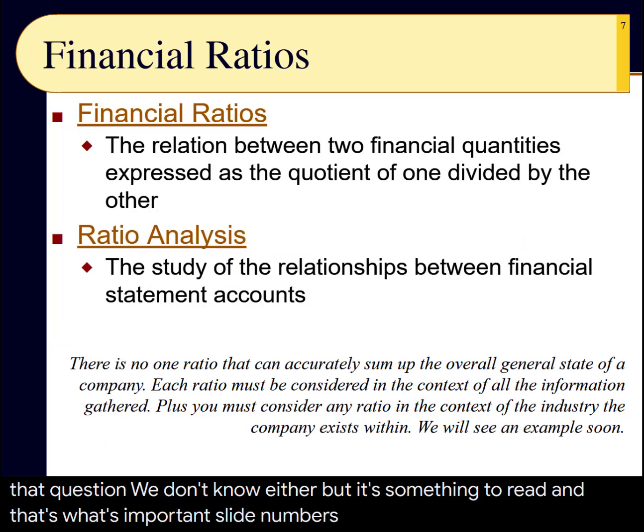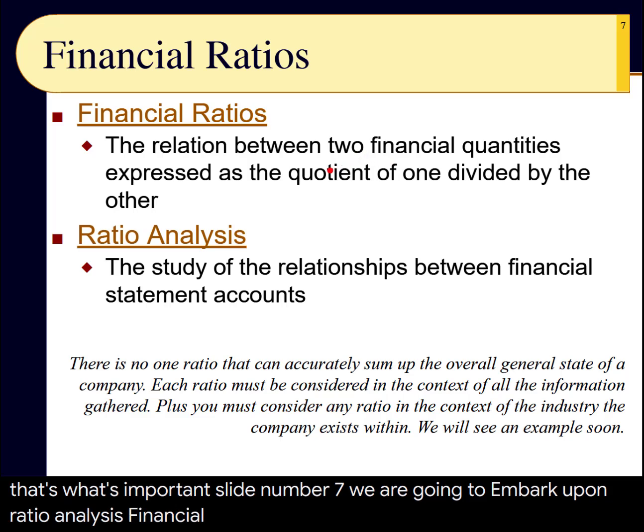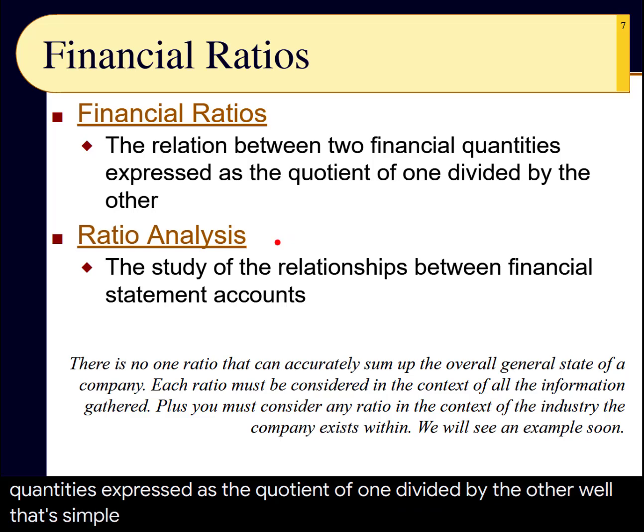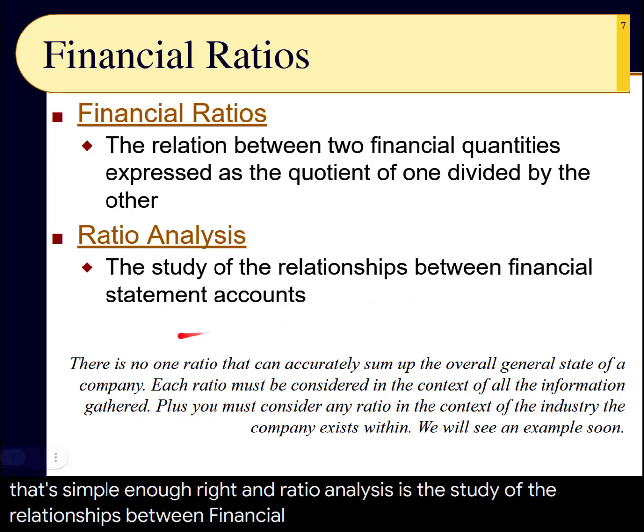Slide number 7. We are going to embark upon ratio analysis. Financial ratios are the relation between two financial quantities expressed as the quotient of one divided by the other. Well, that's simple enough, right? And ratio analysis is the study of the relationships between financial statements and financial statement accounts.